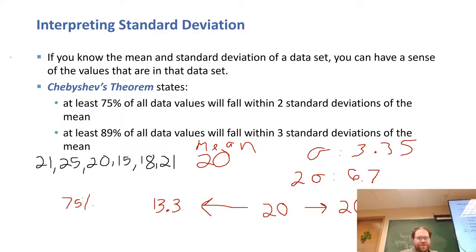And then applying that same idea, if we did 3 standard deviations, what would 3.35 times 3 be? 10.05. So we do the same thing here. Mean of 20. If you add that to your mean, you would get what value? 30.05.